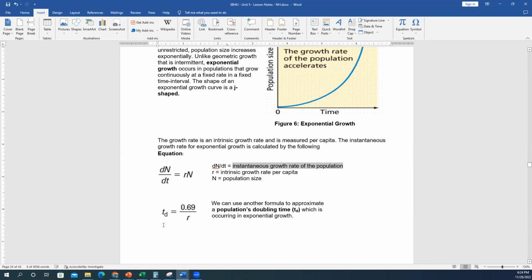And then we can also use this formula to help us approximate a population's doubling time, which is t d, lowercase d to indicate doubling time.